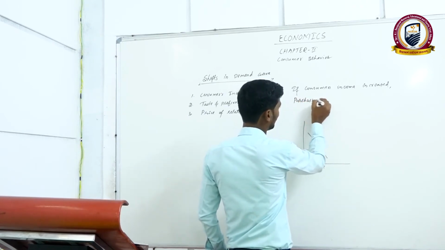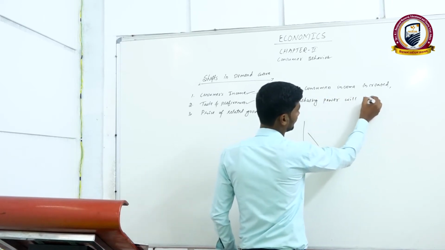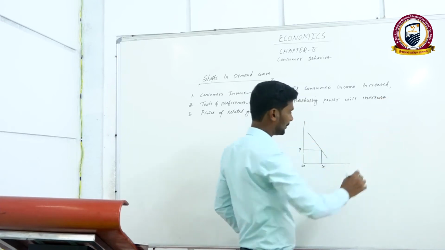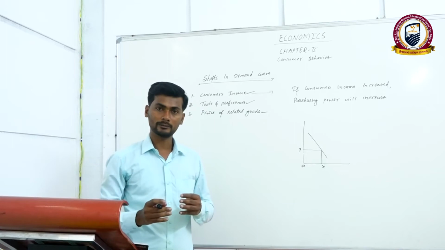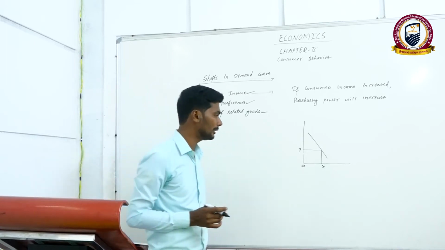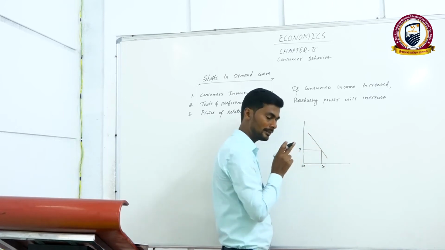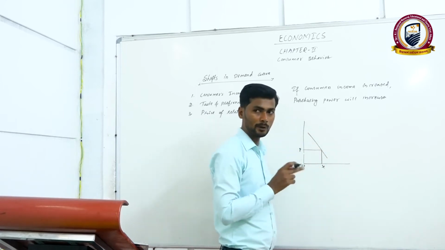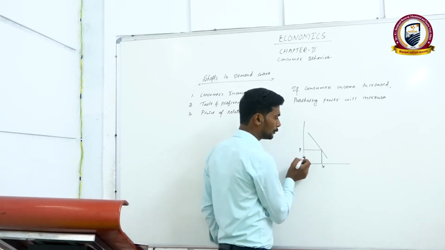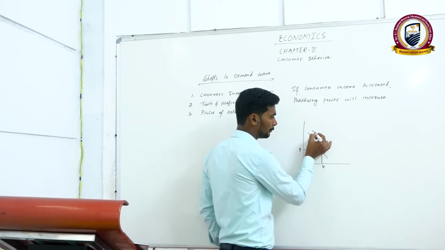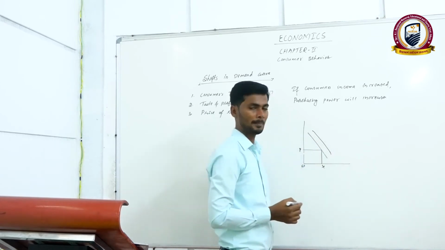Purchasing power will increase. When consumers' purchasing power increases, obviously the level of demand will also increase. Since his income increased, his purchasing power also increased. So the consumer demand curve will shift rightwards or upwards.